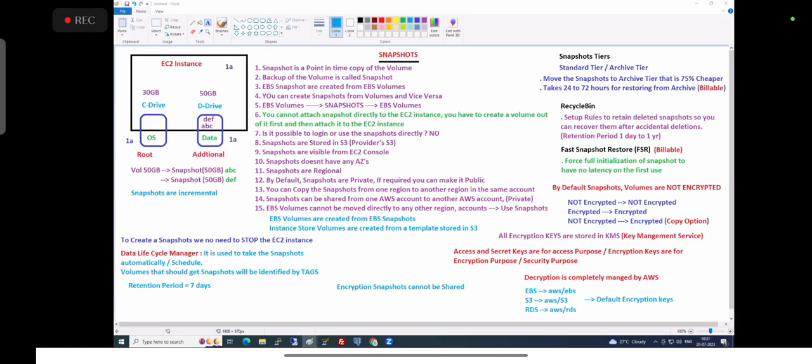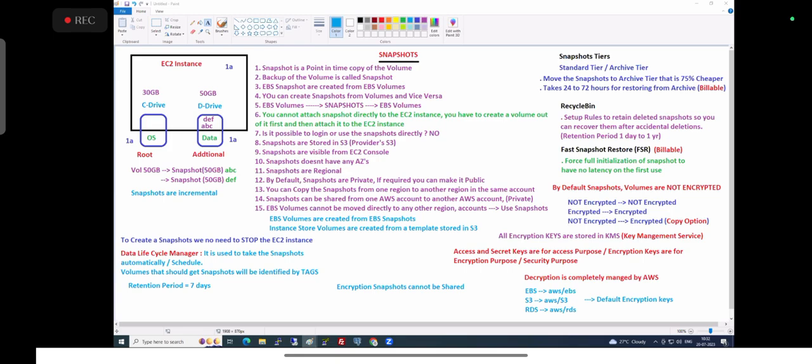So is it possible to log in or use the snapshot directly? No. Snapshots are stored in S3. Whose S3? Provider's. Do we need to worry about that? No. Snapshots are regional or global? Can you share the snapshot from one account to another account? Using AWS ID.